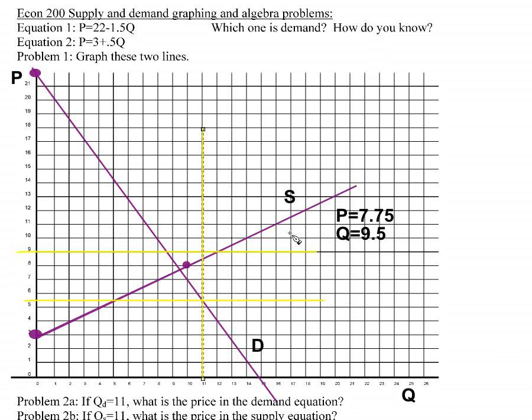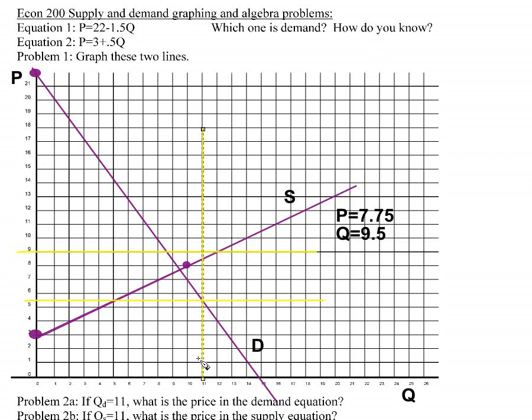But that's only the beginning. It's much more interesting to look at out of equilibrium behavior because when you start looking at other odd things and not just where two lines intersect, you're making sure that you really understand what this model's doing, and that's going to be very important as we go along.